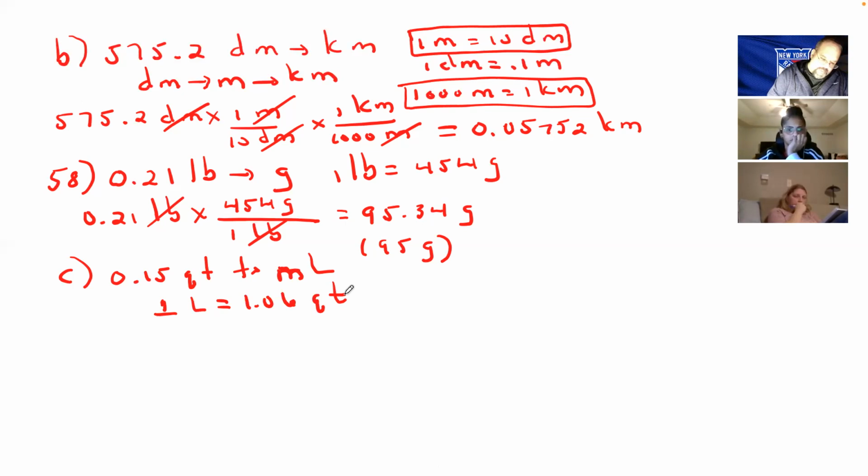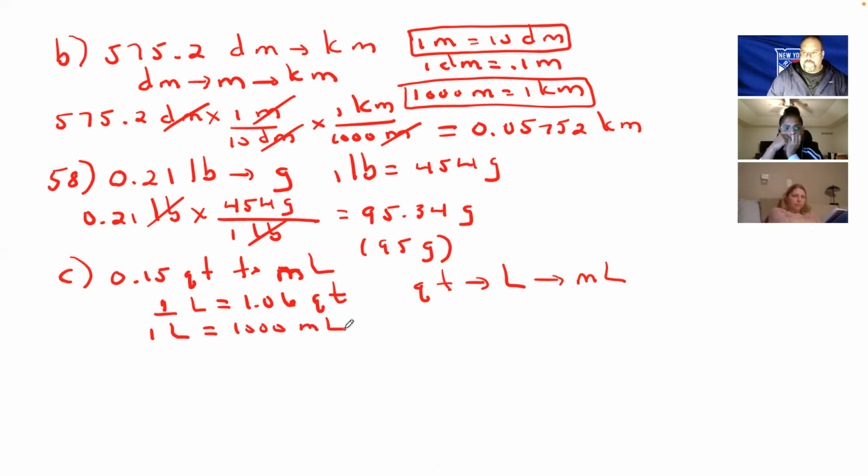So what I'm thinking to myself is, I can go from quarts to liters, but then I've got to go from liters to milliliters. So what's the other equality that comes into play here? It's 1 liter is equal to 1,000 milliliters. And that one I would expect you to know. And I would expect you to be able to realize that to get the final answer, that equality has to be used as well.